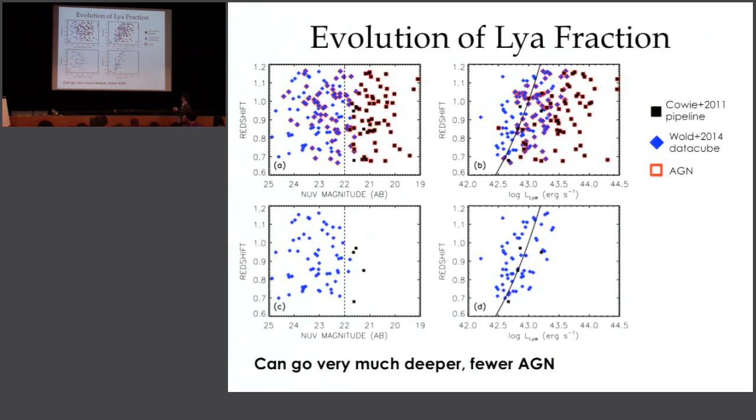This is the same thing cast by Lyman-alpha luminosity down there. You have the pipeline data and the new data cube data in blue. When you take the AGN off these figures, it's really revealing. What you're seeing down here is new blue galaxies, much fainter than before, identified. Probably they're the star-forming ones.